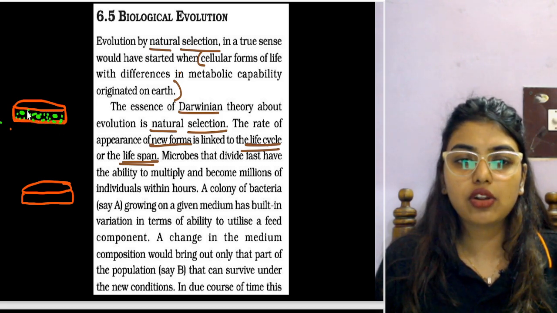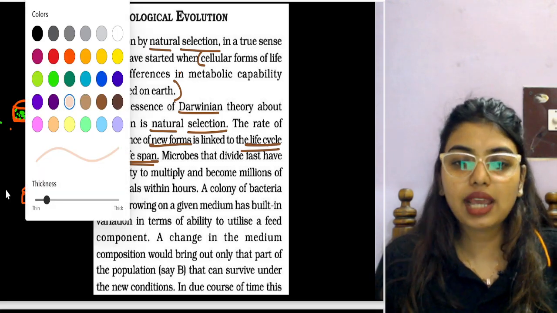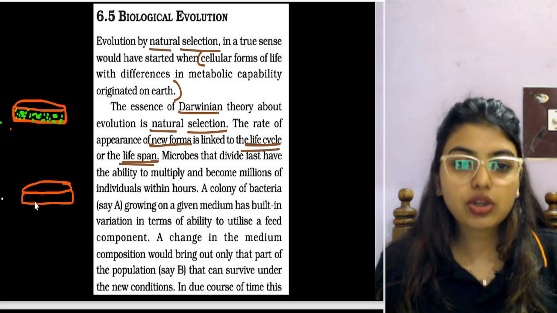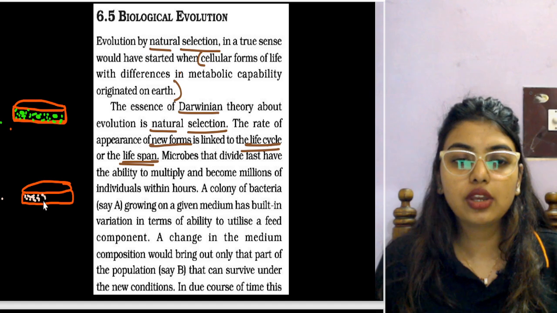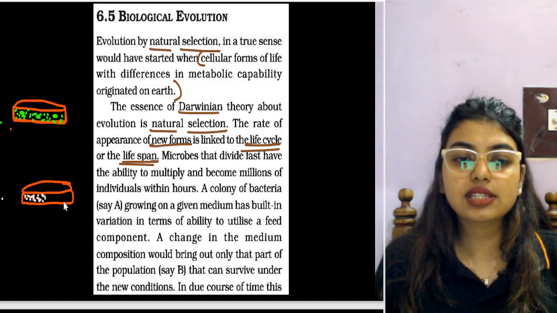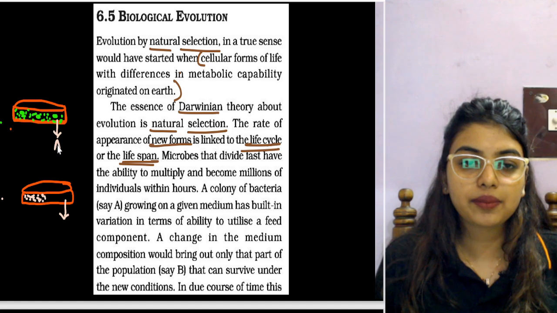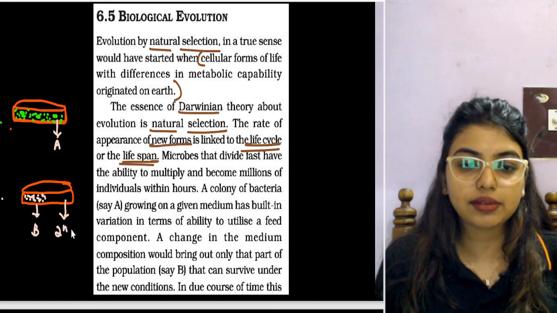Obviously they'll all grow consuming whatever I have given. Now I add something else. I will change the composition of the medium. Now what is going to happen? I am going to get a different population. Who can survive in this different composition? Yes or no? So let's say this is group A. I am going to get group B out of the second composition I made.